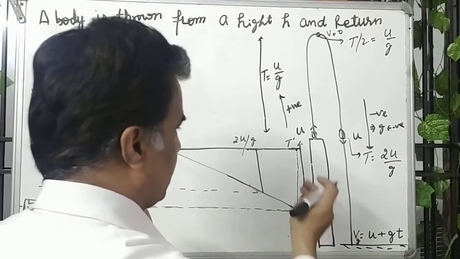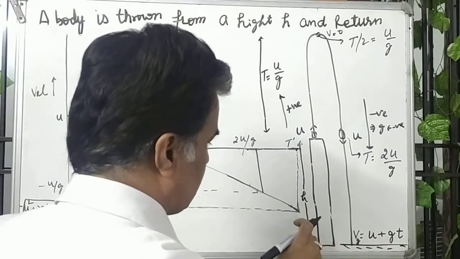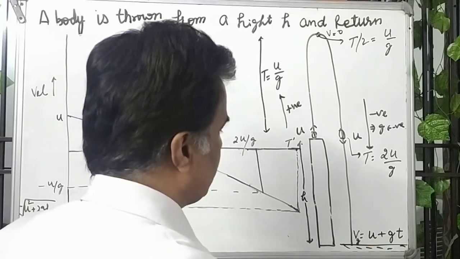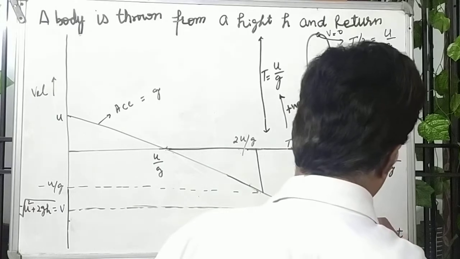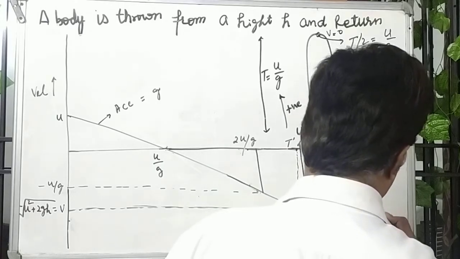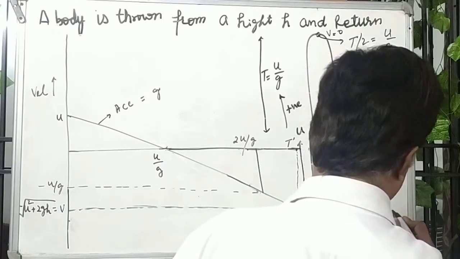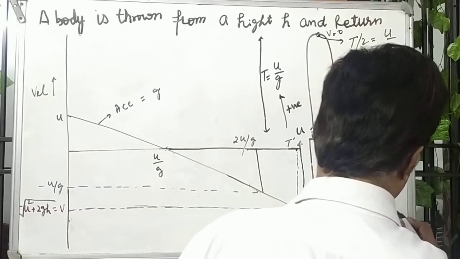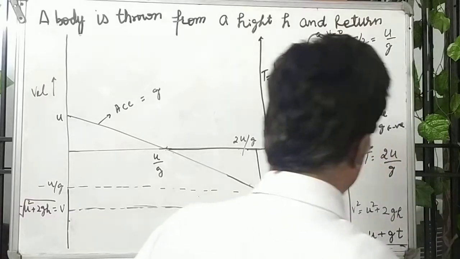Later it reaches the ground. Here v equals u plus at, and one more relation you can use, v squared equals u squared plus twice as. So here it is g and h.